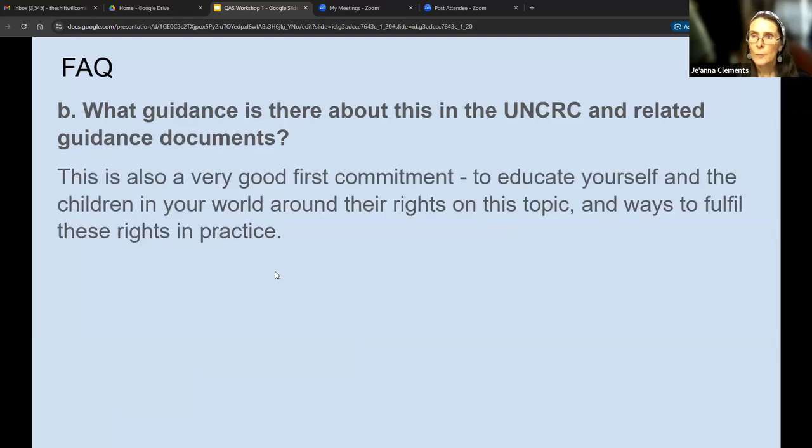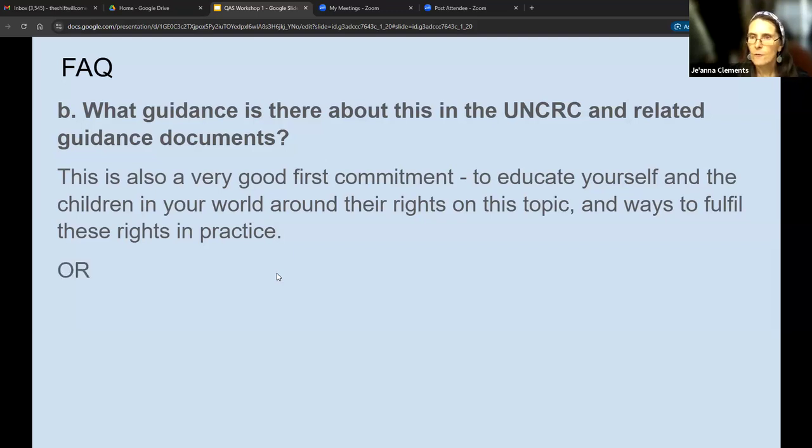And this could also be, for example, a very good first commitment: we will educate ourselves and the children that we are interacting with around children's rights on whichever topic you've chosen, maybe corporal punishment or student voice, whatever it might be, and educate ourselves in how that can look to fulfill those in practice. That research and education step might be exactly what you commit to first.